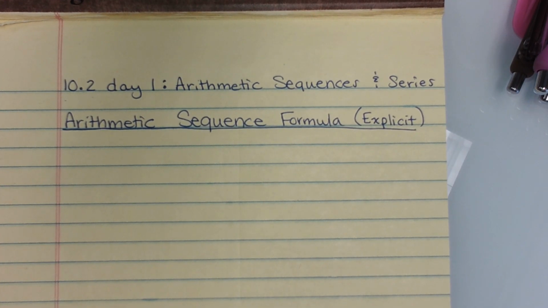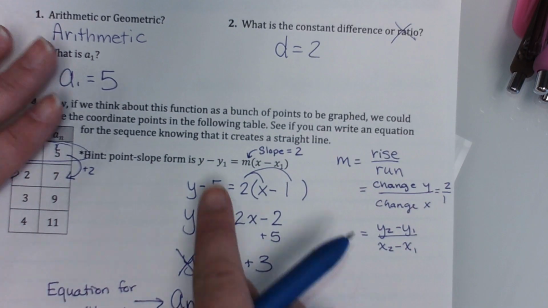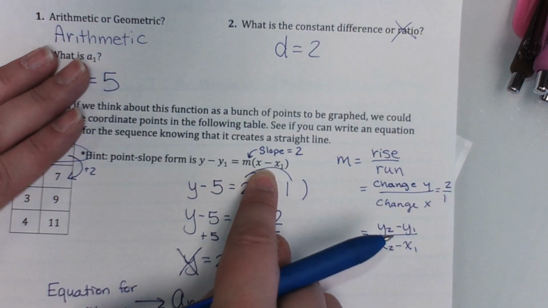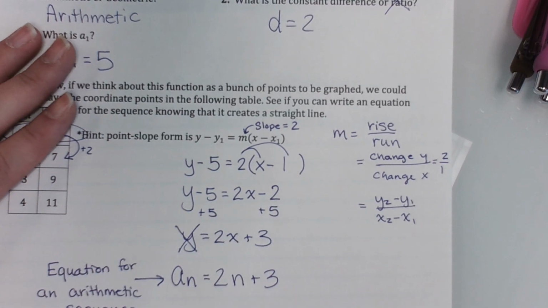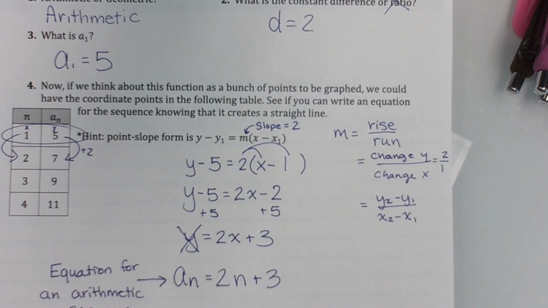The arithmetic sequence formula builds itself off of point-slope form. It builds itself off of this: y minus y1 equals m times the quantity x minus x1. Now, first thing I want to focus in on a little bit is the slope. We said the slope of this equation when it was linear was 2.